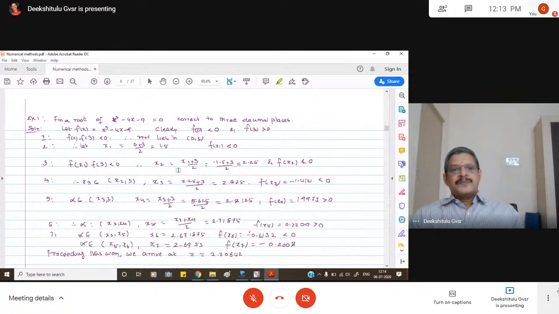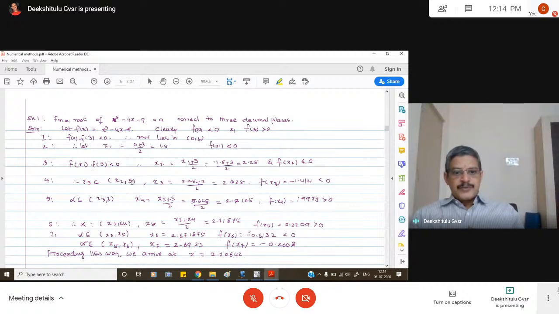So x2 is 1.5 plus 3 by 2, that is 2.25, and calculate the value of f at x2. It is also less than 0. So f of x2 is less than 0 and f of 3 is greater than 0, so the root lies between x2 and 3, that is 2.25 and 3. Again take the midpoint, 2.625. Find f of x3, a negative value. This is the interval.